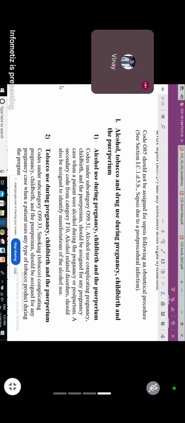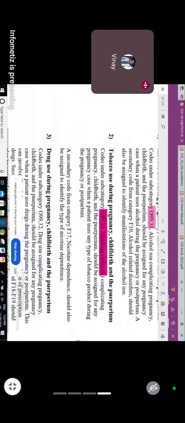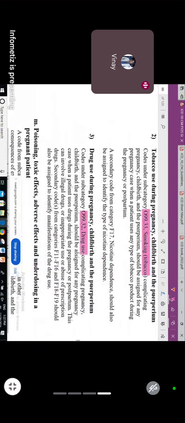So yes, that would be considered a complication, and you will code the O99.3 series: 31 for alcohol, 33 for smoking or tobacco, and 32 for drugs.